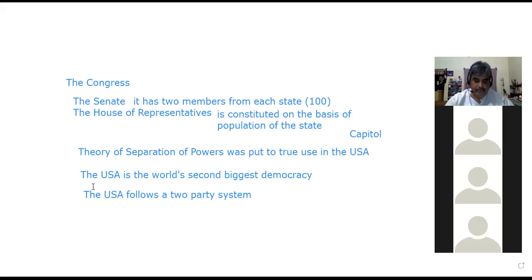Well, as it so turns out, this notion is not very accurate. This notion is not very accurate because in theory there is a separation of powers, but in practice there is no separation of powers.